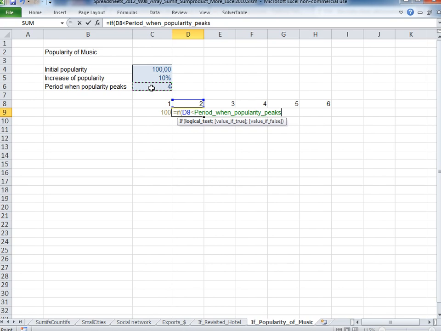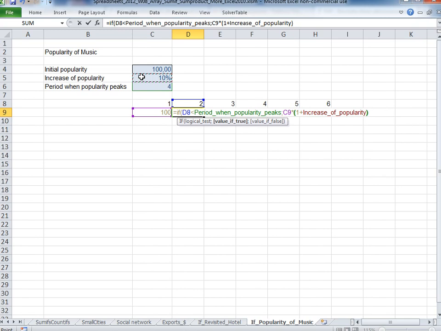If it is less than the number at which popularity peaks, then we will be raising the popularity, so we write semicolon, and now here it comes. It takes the previous popularity and multiplies it with parentheses 1 plus 10%, and it raises by 10%.